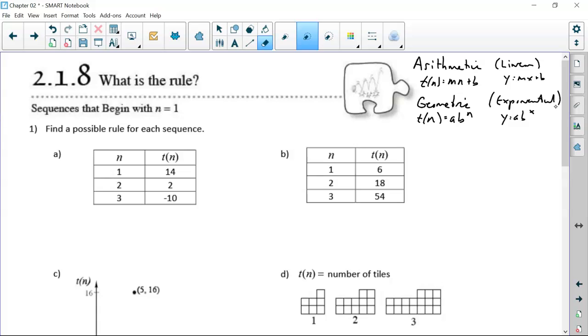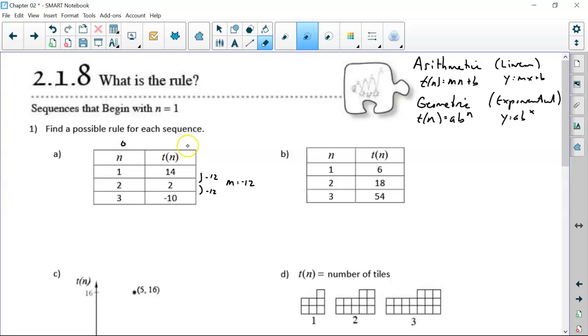So if we look at problem 1a, to go from 14 to 12, we're subtracting 12 and then subtracting 12 again. So that negative 12, that's our slope. What we need to do is find out what term 0 is.